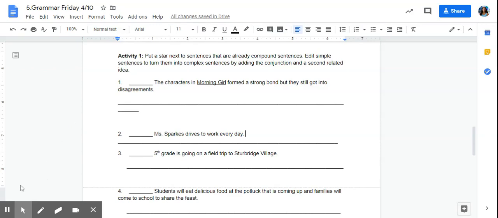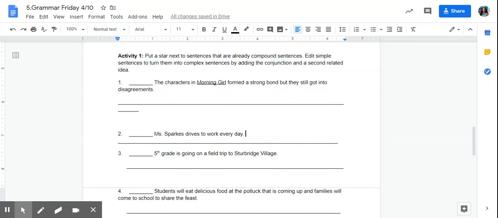So for our first activity, we're going to put a star next to sentences that are already compound sentences, and edit simple sentences to turn them into compound sentences by adding the conjunction and a second related idea.